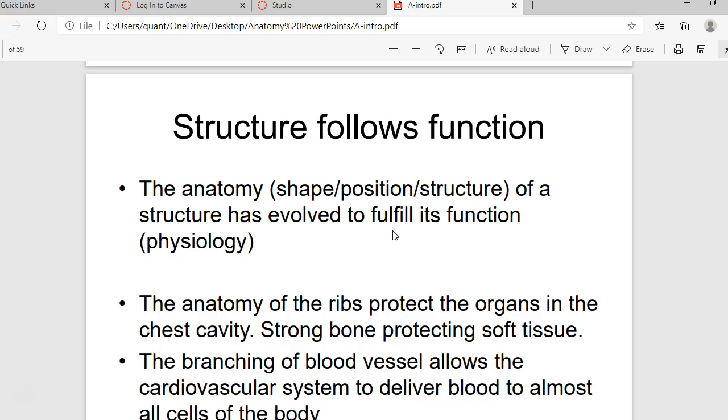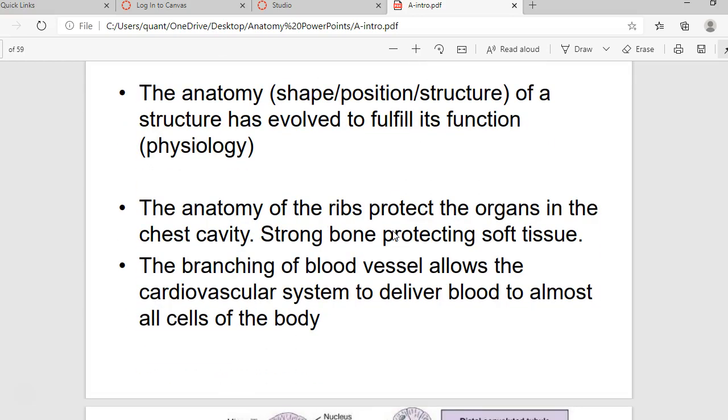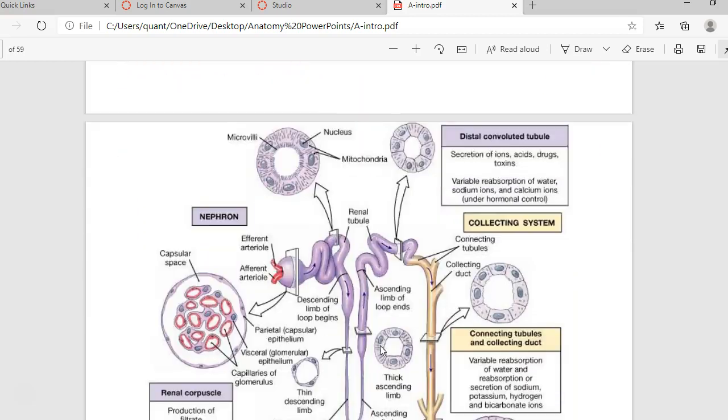The strong bone protects the soft tissue, so it's helping that system do its function. So the branching of blood vessels, they branch, they branch, smaller, smaller, smaller vessels, and that helps deliver the blood to almost all of the cells in the body. So the structure of the cardiovascular system is helping it perform its function. That's all this is trying to say.